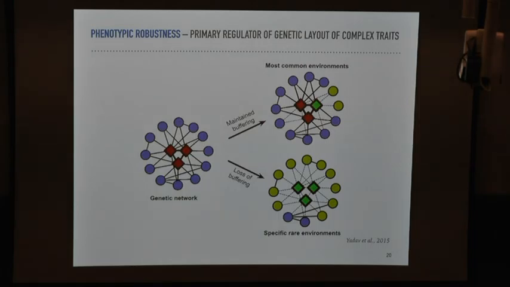So what we think is that if one wants to understand the genetic basis of phenotypic robustness and map variants which account for this, one would have to map a large number of environments. Previous studies, for example in yeast and several in Arabidopsis, have looked at a very small number of environments.